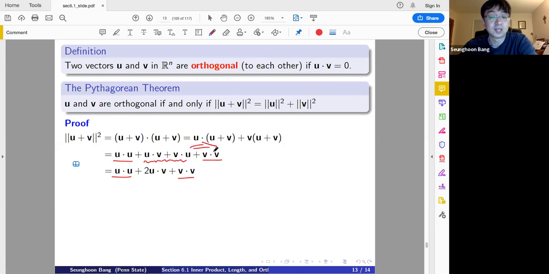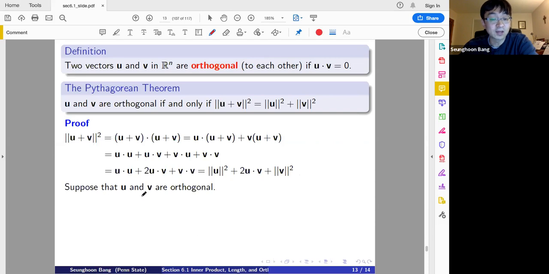Using the commutative property, v dot u and u dot v are interchangeable, so it's exactly 2 times u dot v. So u dot u is the norm of u squared, v dot v is the norm of v squared, and we keep 2 u dot v.